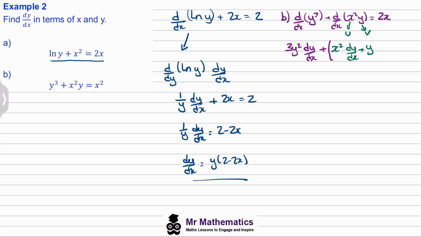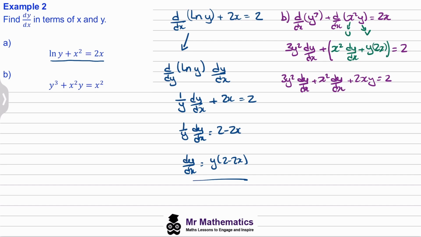And when you differentiate the x squared, we get 2x. And you differentiate the 2x, and we just get 2. So 3y squared dy by dx plus the x squared dy by dx plus the 2xy will equal 2.